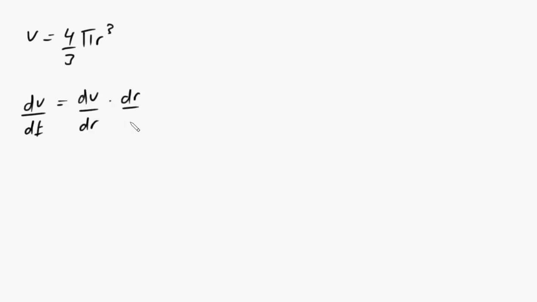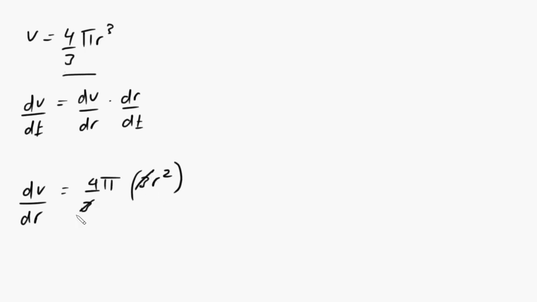So the volume itself is just equal to 4/3 pi r cubed. Alright. So we are looking for dV/dt. So it can just be obtained by chain rule, dV/dr times dr/dt. So here I can get dV/dr, it's going to be 4/3 pi, which is a constant, and differentiating r cubed, I get 3r squared. There you go.